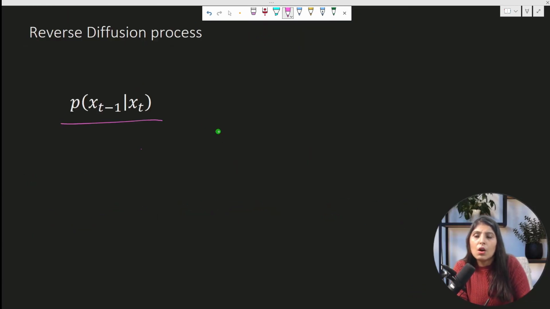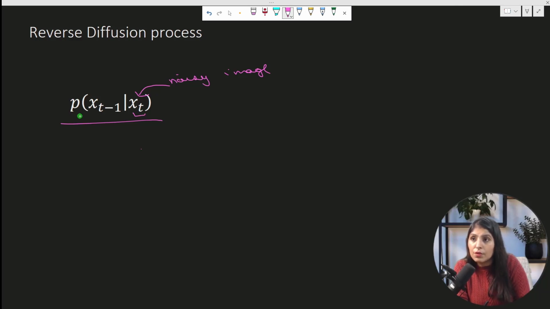So this is the formula of the reverse diffusion process. Input to the reverse diffusion process will be the noisy image. This noisy image we got from the forward diffusion process. This is the most noisy image, the pure noise, which is the output of the forward diffusion model, and it will become the input to this function.